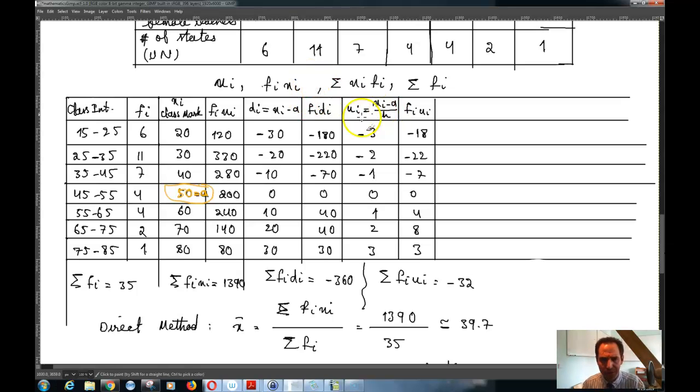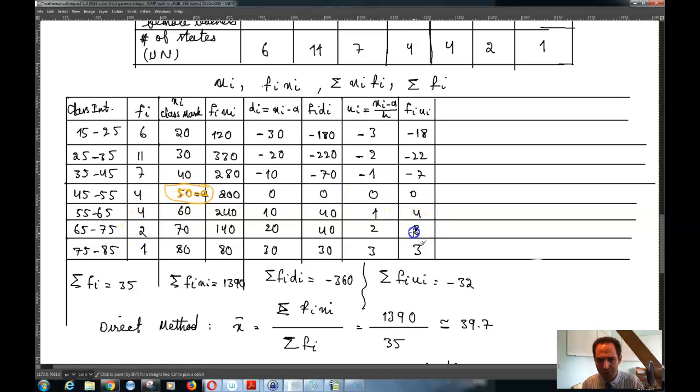X sub I minus A divided by H: negative 3, negative 2, negative 1, 0, 1, 2, 3, and then you have f of I times u of I. 6 times negative 3, that's negative 18, negative 22, negative 7, 0, 4.